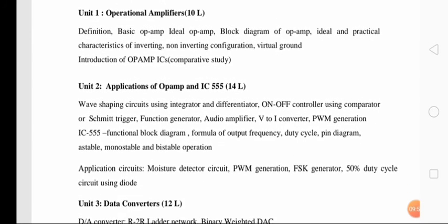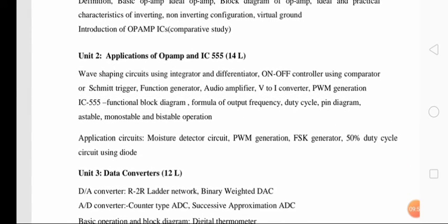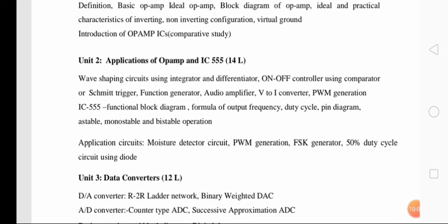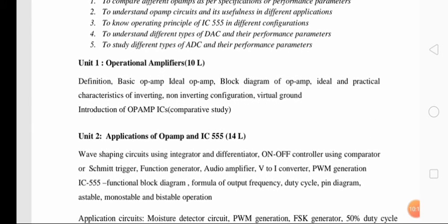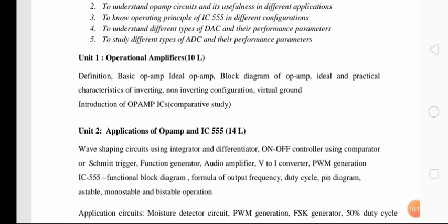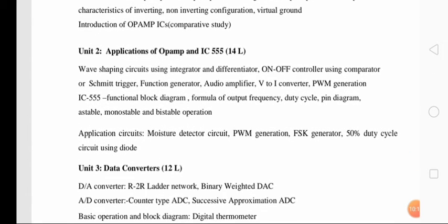Now let us move towards the next unit, that is application of op-amp and IC 555 timer. In chapter 1 we already learned about the operational amplifier, and in chapter 2 I am going to explain the application of the operational amplifier, meaning where it is used.